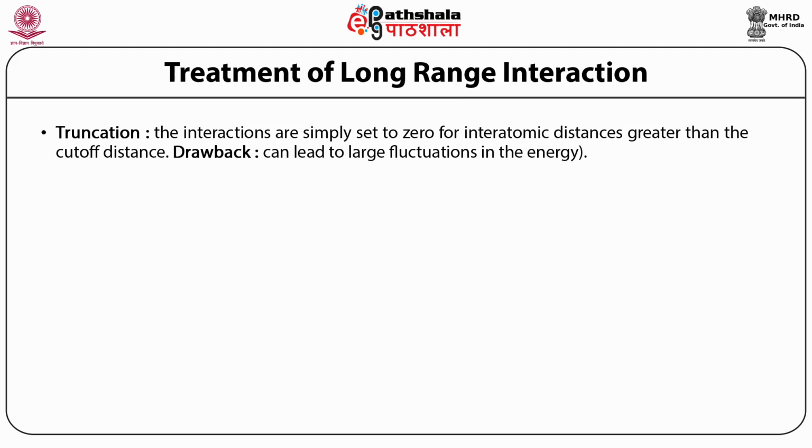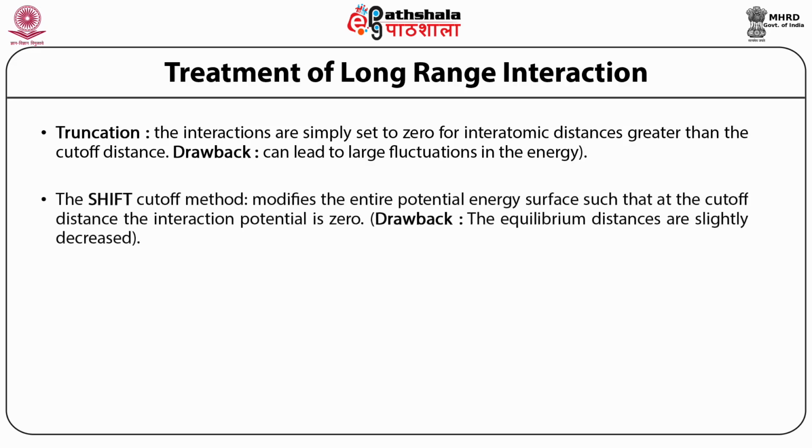So sharp truncation is not a simple way of doing away with our calculation. We can introduce something called shift or cutoff methods, which may reduce this. So what we do is shift the potential energy surface such that at the cutoff distance, the interaction potential is 0. So you use a shift cutoff.